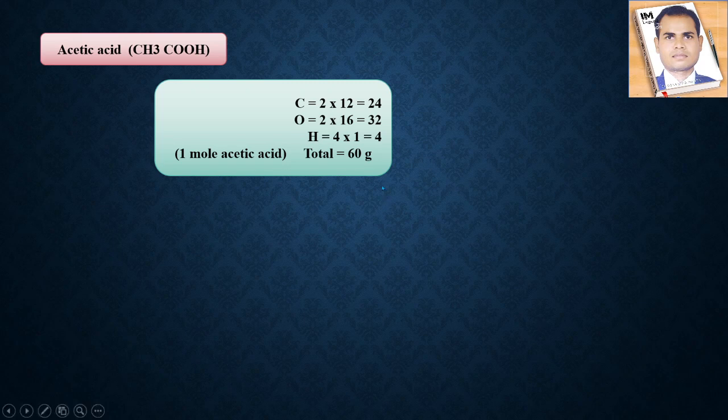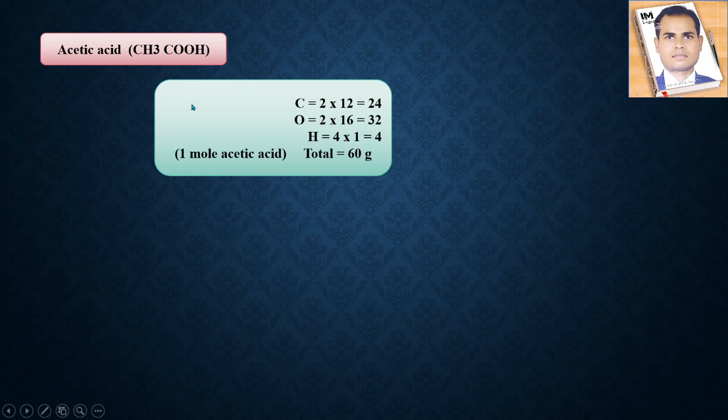The number of carbons present is 2, and the mass of carbon is 12, so 12 into 2 is equal to 24. The number of oxygens is 2, and the mass of oxygen is 16, so 16 into 2 is equal to 32.